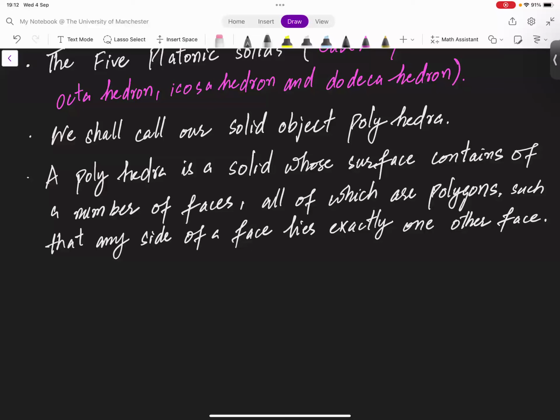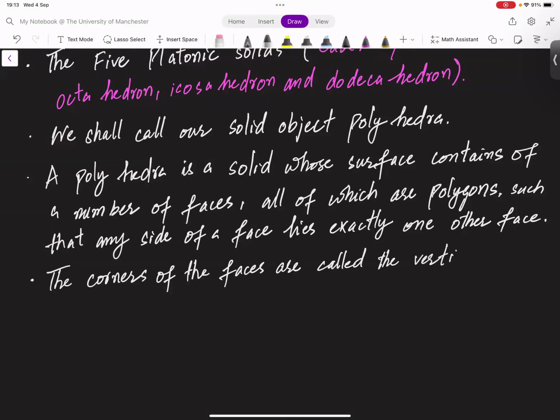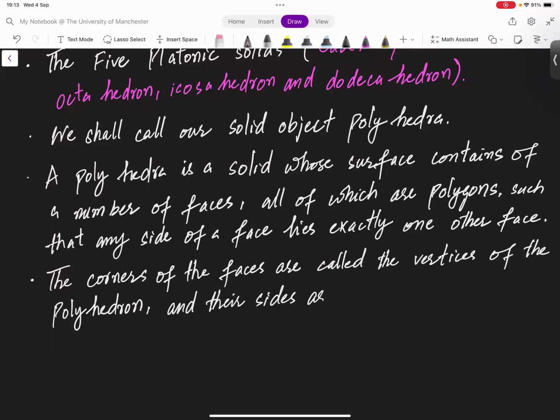The corners of the faces are called the vertices of the polyhedron, and their sides are the edges of the polyhedron.